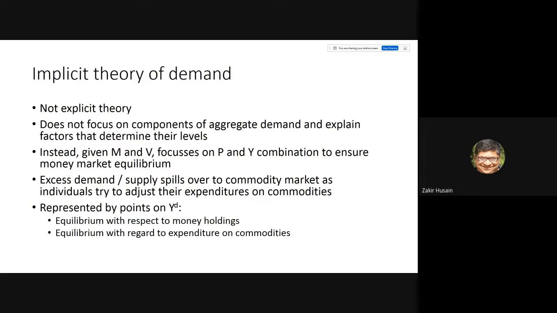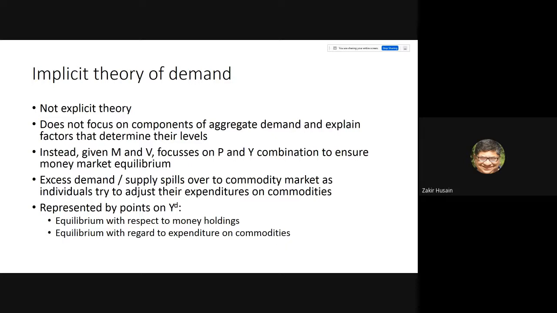So given M, given V, I know the product of P and Y. It's simply finding the correct combination of P and Y. And if Y is given, the problem becomes simpler. Any excess demand or excess supply will spill over to the commodity markets as individuals try to adjust their expenditures on commodities. So they are represented by points on the demand curve.